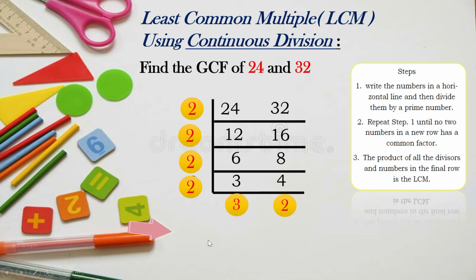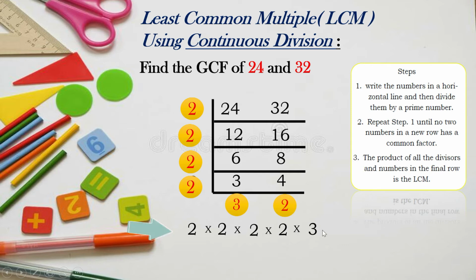Okay? So, 2 times 2 is 4. Times 2 is 8. Times 2 is 16. Times 2 is... times 3. 16 times 3.